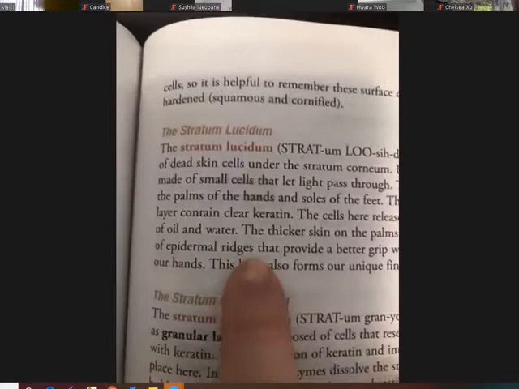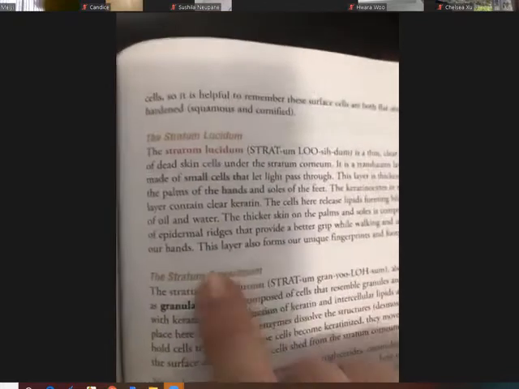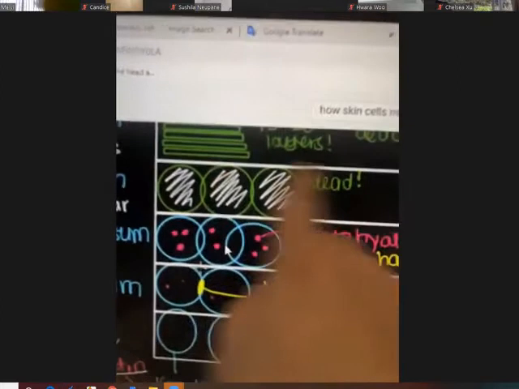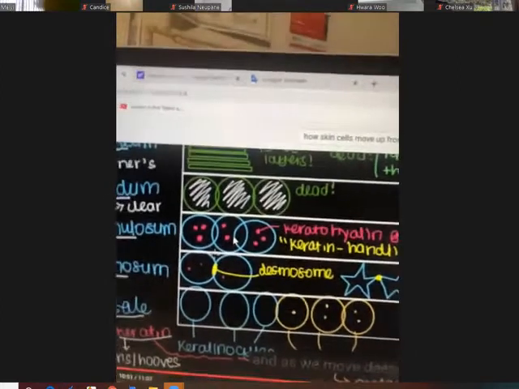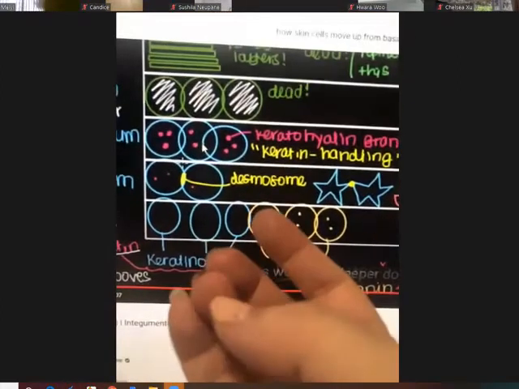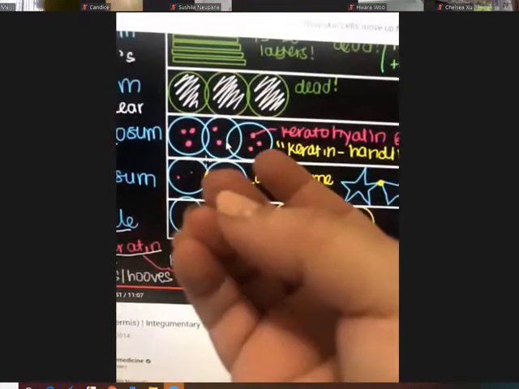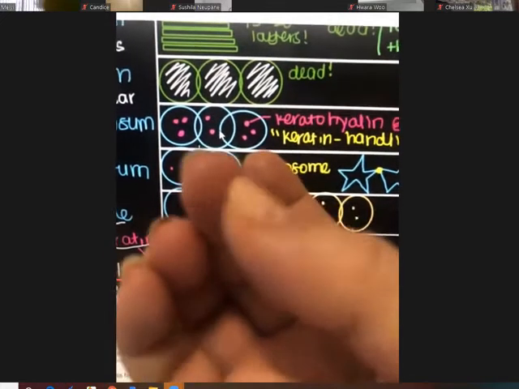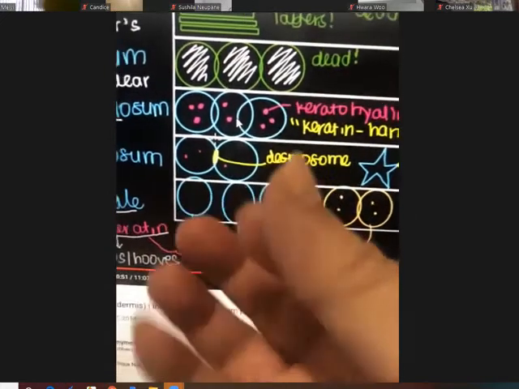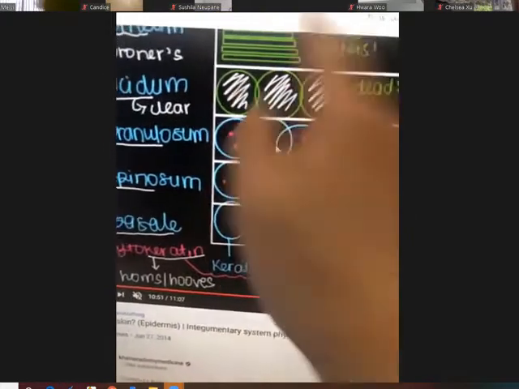Okay, 就是纹条。Okay, so this layer also forms fingerprints and footprints. 我们的指纹，OK， 就是从这第二层造成的。That's why our fingerprint is formed. You can see here, the fingerprint is because of this layer.